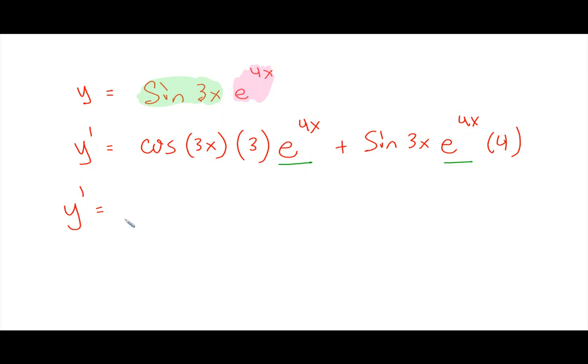So my GCF is going to be e to the 4x. So if I take out e to the 4x from here, what am I left over with? 3 times cosine 3x, right? Plus, and then I would take out e to the 4x from here, I'm left over with 4 times sine 3x, right? And then that would be my answer, okay?